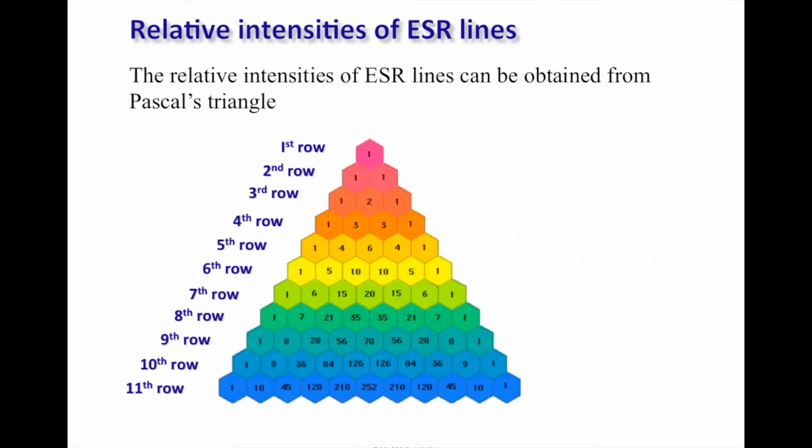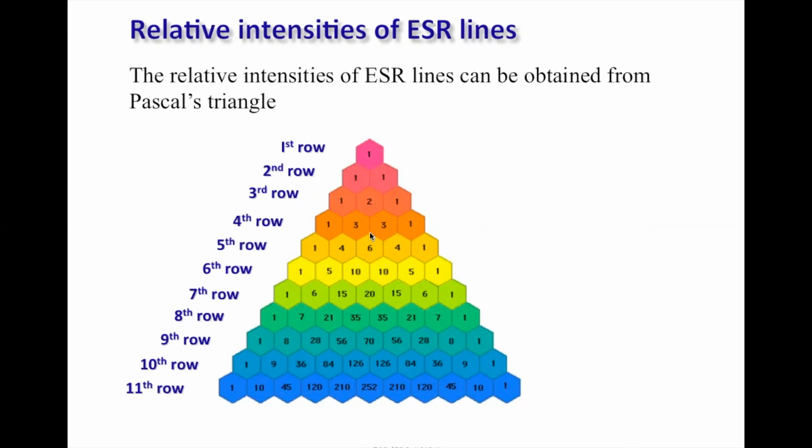Now, the relative intensity of the ESR lines can be obtained by using Pascal's triangle. This is the Pascal triangle. For relative intensities, the number of lines present in an ESR spectrum follows the corresponding row in Pascal's triangle.